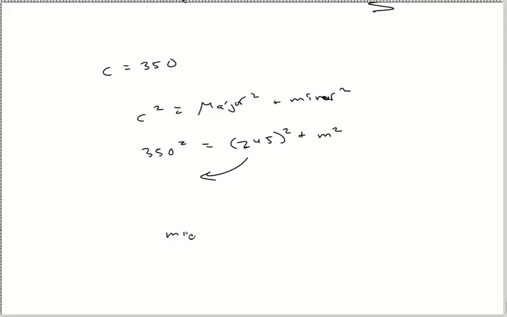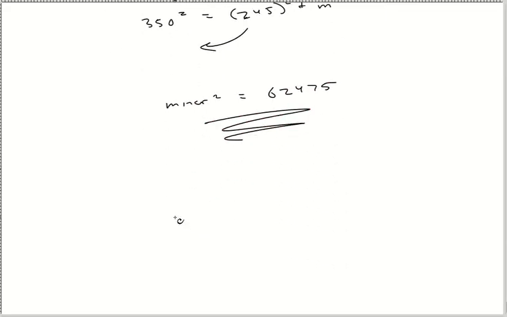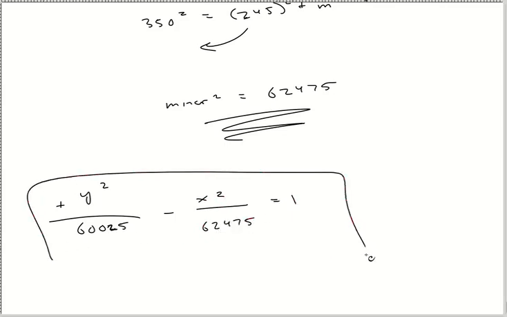I got a minor squared equal to 62475. Again, it's squared. I didn't square root it on purpose. So going way back to what we need, this is my major squared, 60025. My x is a minor, which would be the 62475, equals 1. That's their answer. That's how they're getting those numbers.